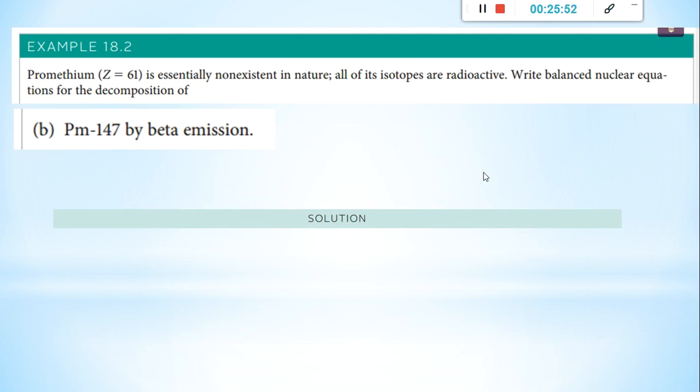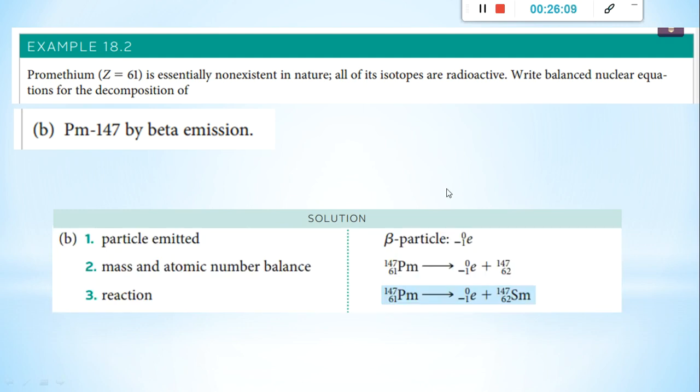So let's try to answer letter B. We have promethium 147 by beta emission. As we recall, beta emission has a negative charged particle. So a beta particle has zero mass, but it has negative 1 charge.